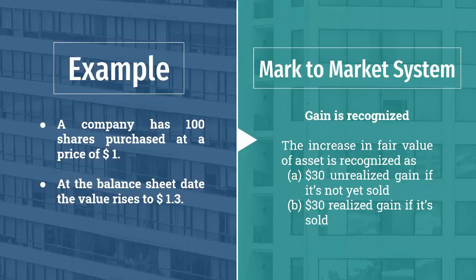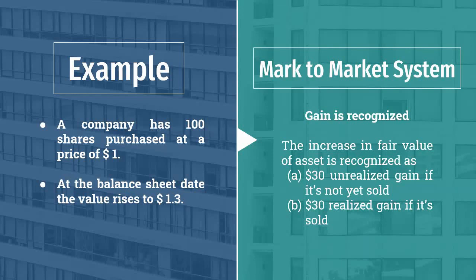Now let me explain the application of mark-to-market system using the same example as explained before in the historical method. A company has 100 shares purchased at a price of $1, and at the balance sheet date, the value rises to $1.30. In the mark-to-market system, the increase in fair value of the share is recognized as the gain, whether they're sold or not.